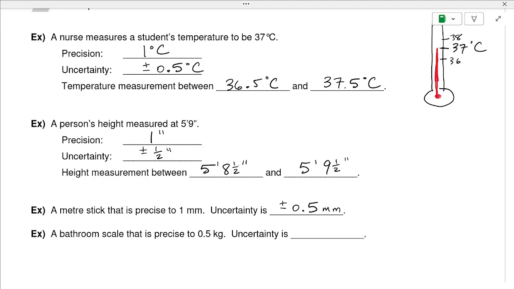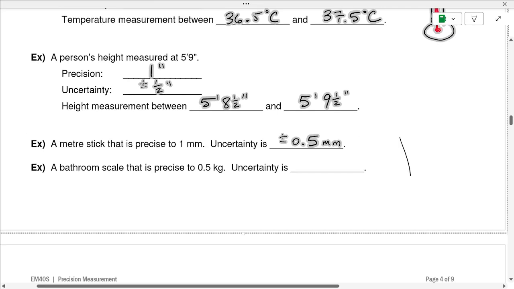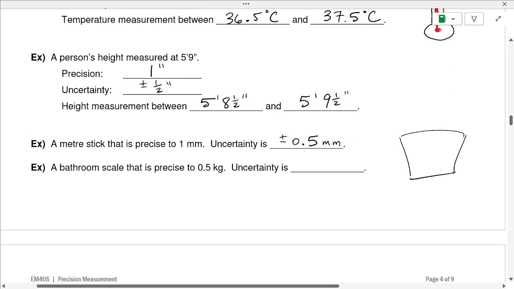A bathroom scale might look like this. It's one of those kind of windows, right? You step on it, and the numbers go back and forth. But let's say the bathroom scale is in kilograms, and we'd have 100, and then a tick, and then 101, and then a tick, and then 102. Those ticks represent 1/2 of a kilogram.